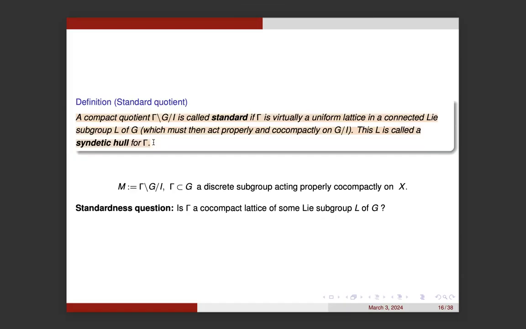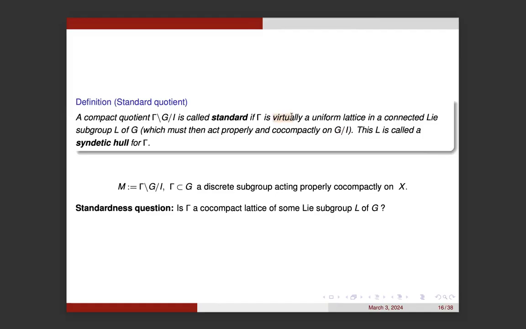I fix the definition here. If I have a homogeneous space of a Lie group J, a compact quotient is said to be standard if gamma is a co-compact lattice in some connected Lie group L of J which acts properly co-compactly on X. So if I have a Lie group L which acts properly co-compactly, then any gamma inside L will define what we call a standard quotient.